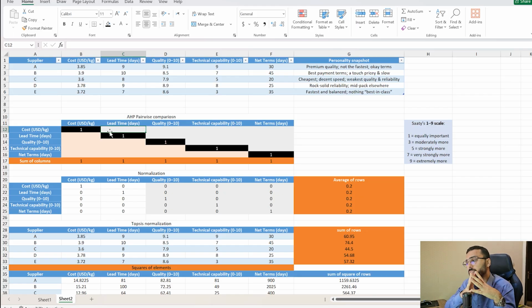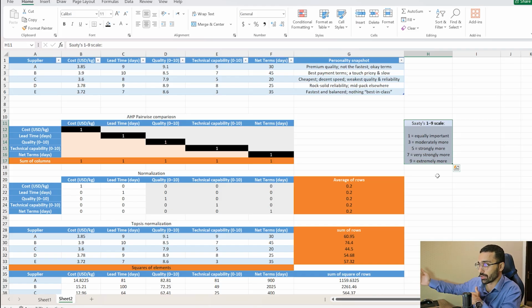So let's say the cost is very important for us, and for the cost against lead time, I'm going to use the Saaty 1 to 9 scale. As you can see here, we are going to use 1, 3, 5, 7, and 9 for our scoring, meaning 9 is extremely important versus another criterion, and 1 is equally important.